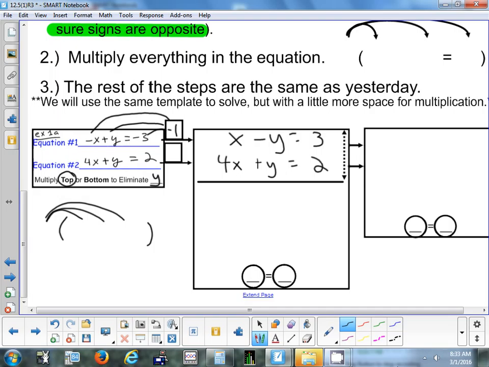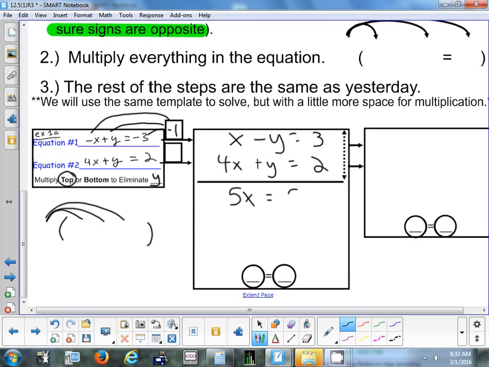That right there, once you identify what you're multiplying by and do the multiplication, the hardest part is probably out of the way. All right? So again, what variable is going to be eliminated? The y is going to be eliminated, right? What do I do now? Add up the x's, right? Add the x's. What do I get, Rose? 5x. Okay. Equals what? Equals 5.